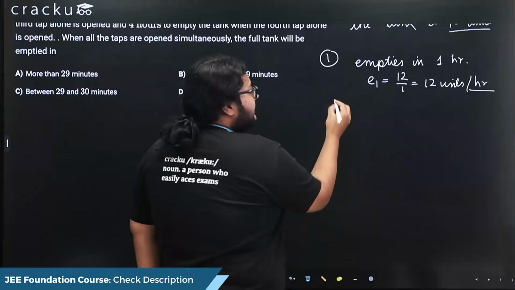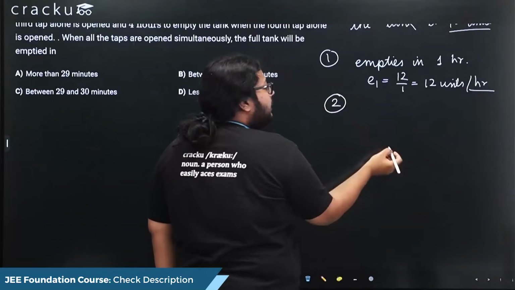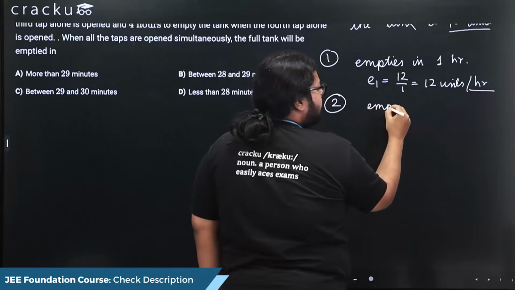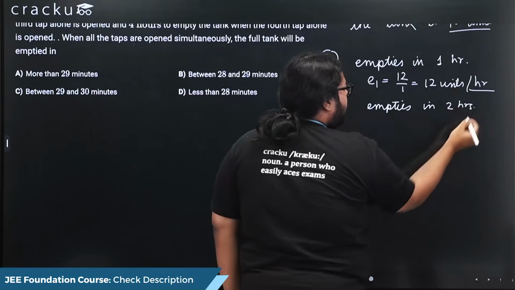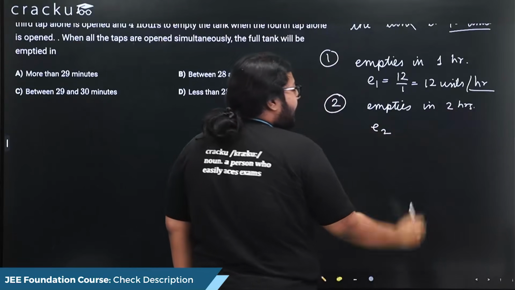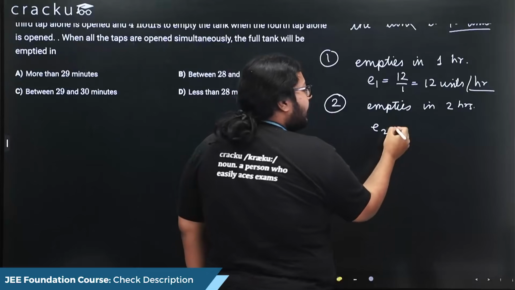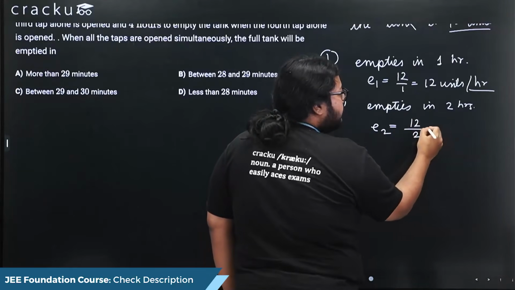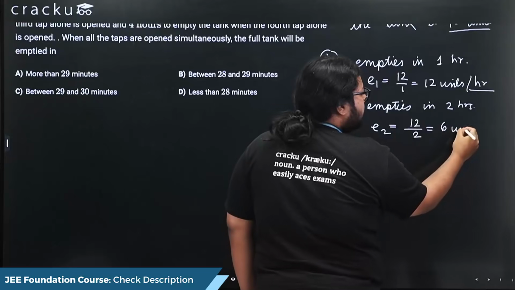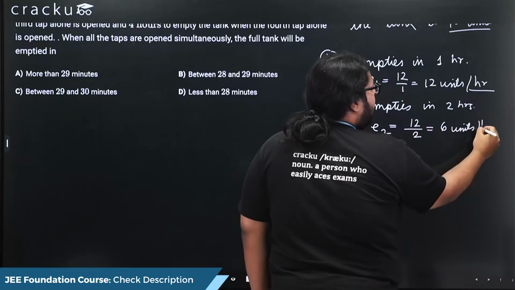Then we are told the second one empties in 2 hours. So what will be the efficiency of the second tap? Efficiency of the second tap is 12 units in 2 hours, so that is basically 6 units per hour.